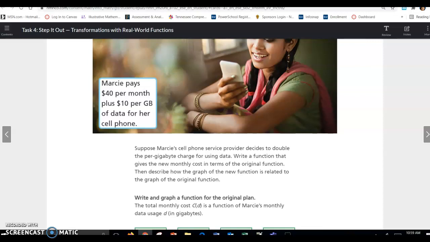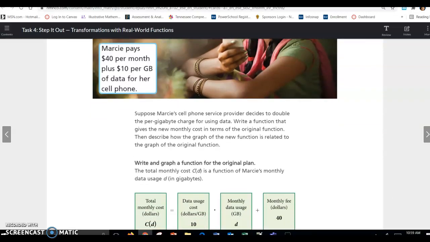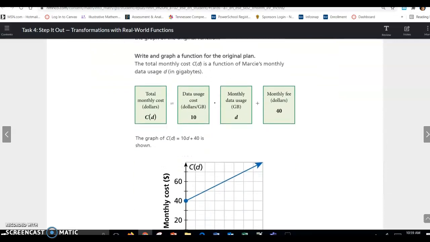The total monthly cost, C of D, is a function of Marcy's monthly data usage in gigabytes. All right, so remember she's paying $40 a month plus $10 per gigabyte. So her total monthly cost, we're going to call that C of D, cost of data, cost in dollars, equals your data usage.